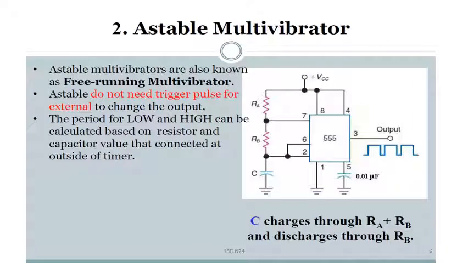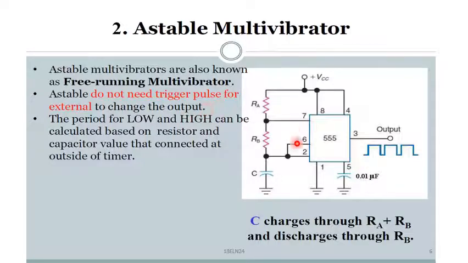So we'll discuss about astable multivibrators. This is a circuit diagram of an astable multivibrator using IC555. The astable multivibrator is also known as a free running multivibrator, and the astable does not need any trigger pulse. An external trigger pulse is not required to change the output.